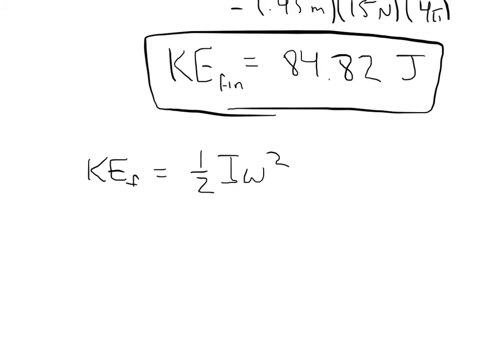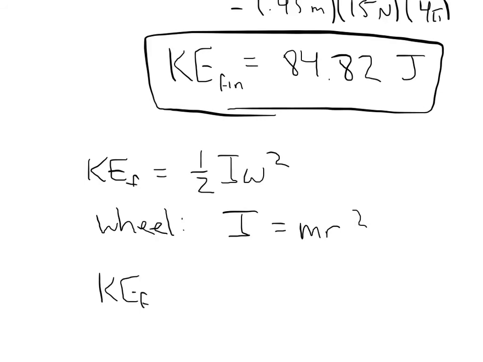I is the moment of inertia, and omega is the angular velocity. For a wheel, which has all of its mass concentrated on the outside, the moment of inertia is just m r squared.